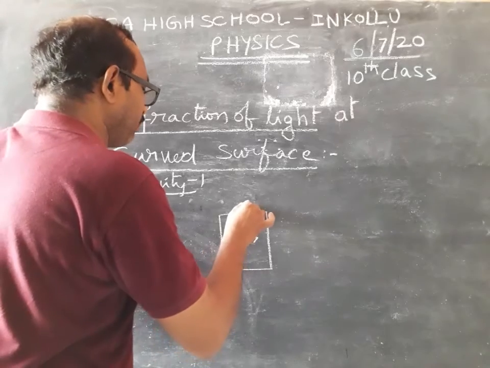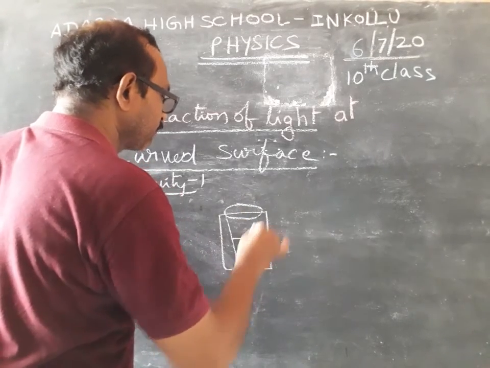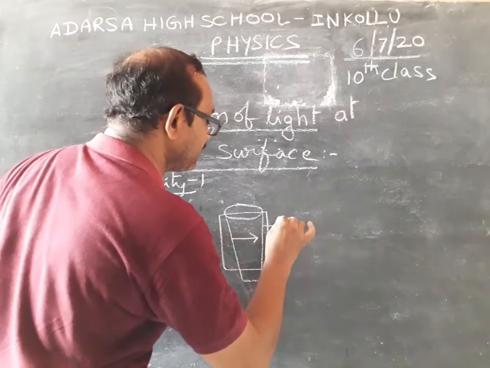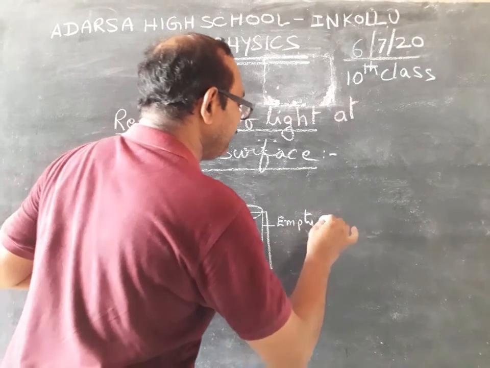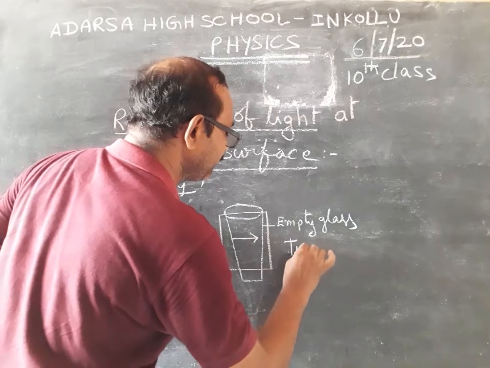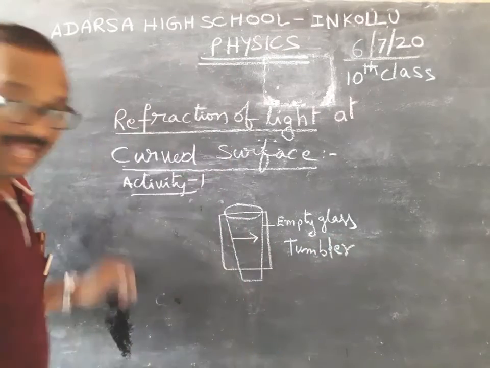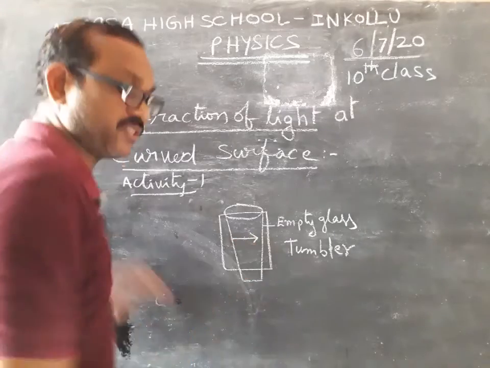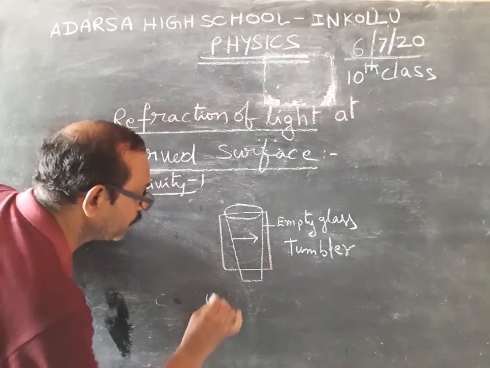We have to keep an empty glass tumbler. Then what will you see? The arrow mark is diminished. Small arrow mark.